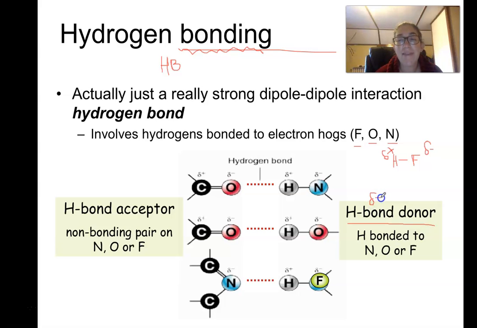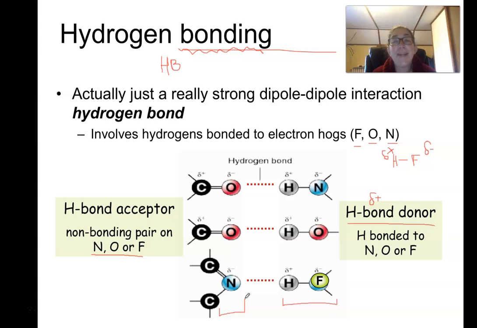All right, and then you need to have something partially negative for it to be attracted to. So basically, any N, O, or F, any electron hog on any other molecule, would be a hydrogen bond acceptor. It could hydrogen bond with any of these highly polarized hydrogens. Okay, so we have hydrogen bond donors over here and hydrogen bond acceptors, examples over here.